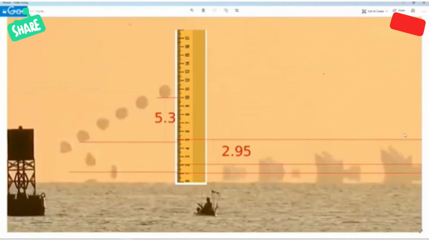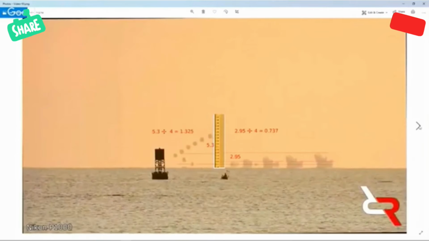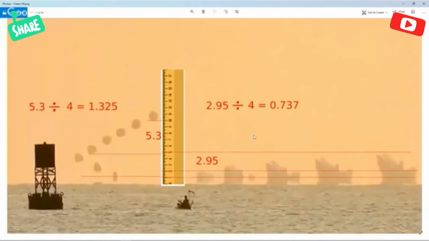Do carry on. So I'm trying to figure this out. I'll give you the results in a minute, but what would be the ideal circumstance to get a result where we would get this? And the only way I can figure it is this. So we've got 5.3 divided by 4 equals 1.325. So that means it is traveling 1.325 millimeters every frame down.